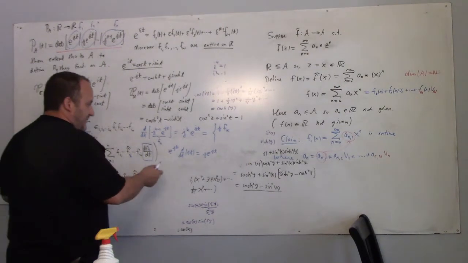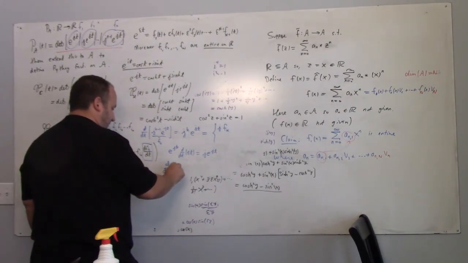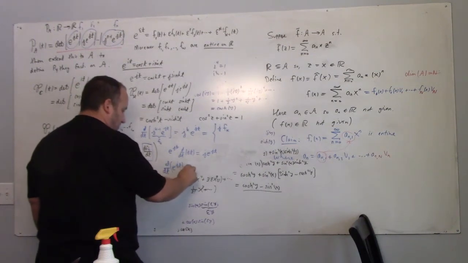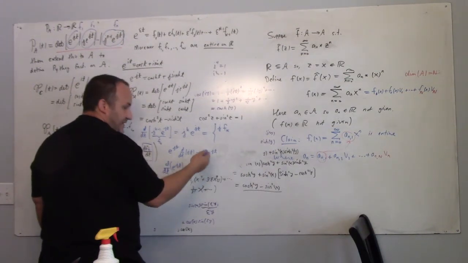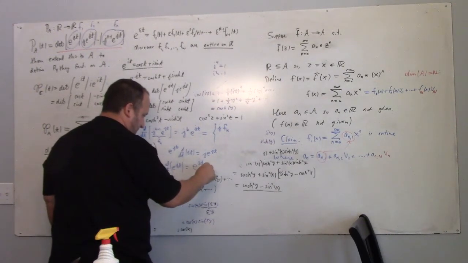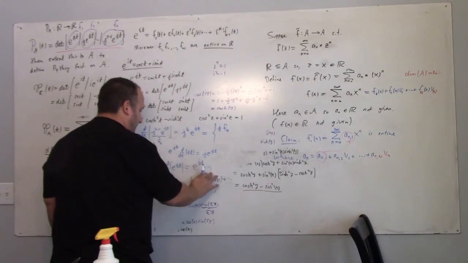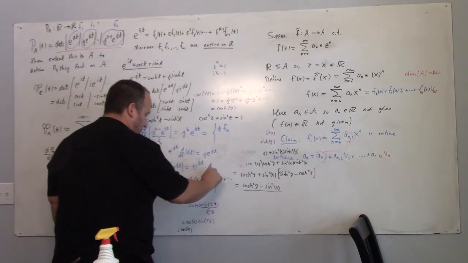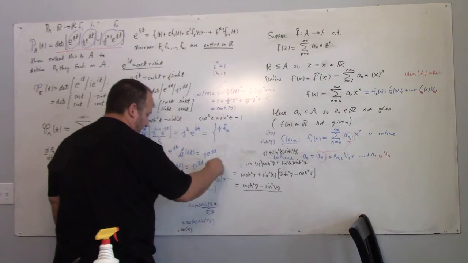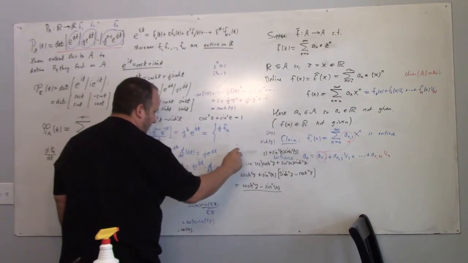Well, we are differentiating e to the jt, so d/dt of e to the jt by the chain rule is e to the jt, because exponential differentiates to itself, times d/dt of jt, which is just j again. Never mind, I'm with you.